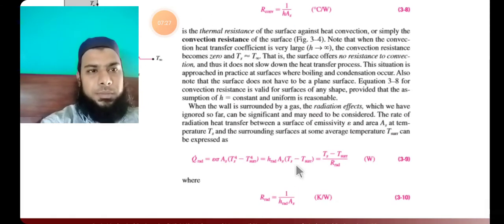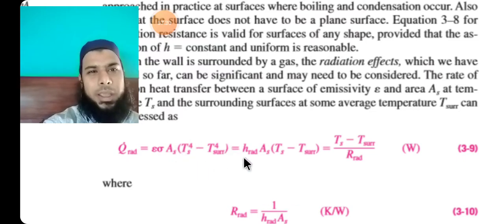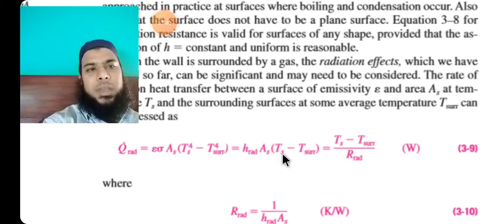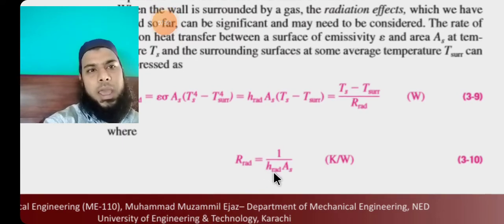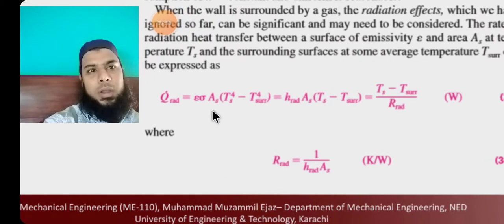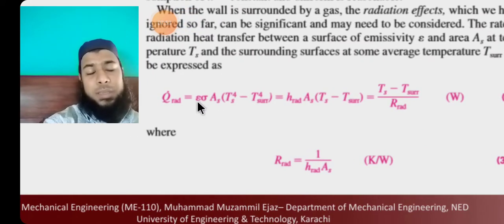So we just take this whole quantity as h radiation times A_s times (T_s minus T surrounding). So we put h radiation and A_s upon this, so it also becomes 1 upon h radiation A_s. If we open the h radiation, the formula will be sigma, emissivity, the Stefan-Boltzmann constant, and this will be the h radiation A.